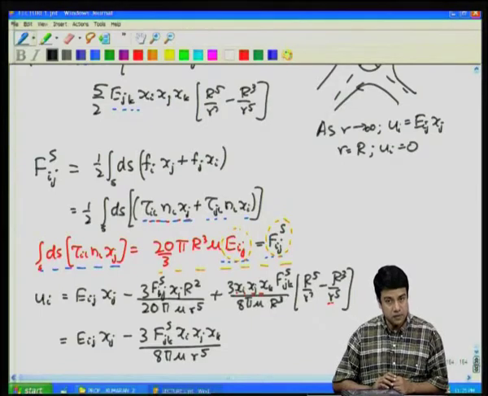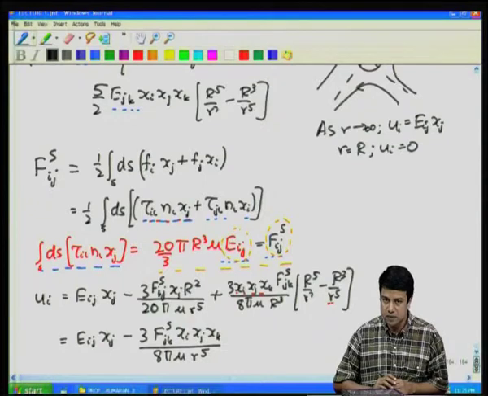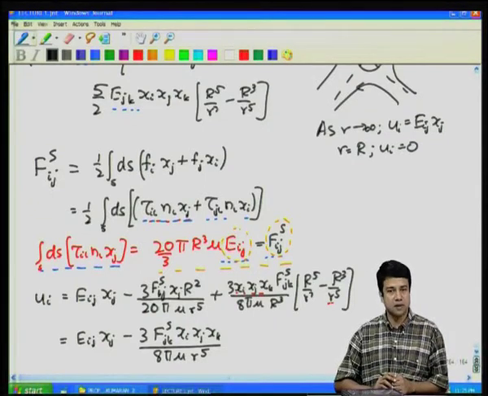And when I have done it this way, you can see once again the velocity field depends only upon the force moment, and does not depend upon the radius of the sphere.